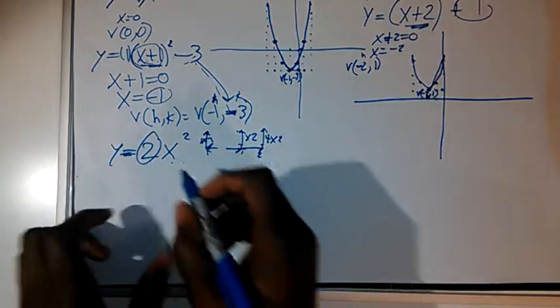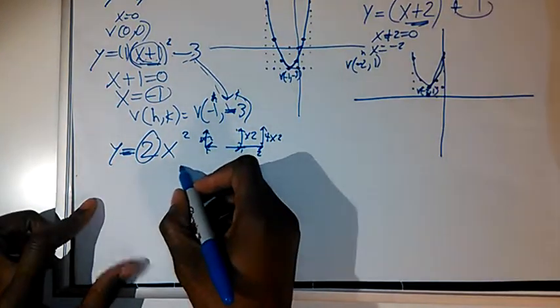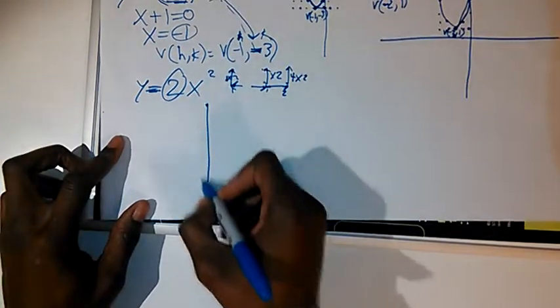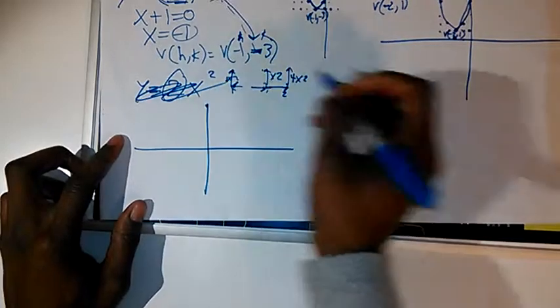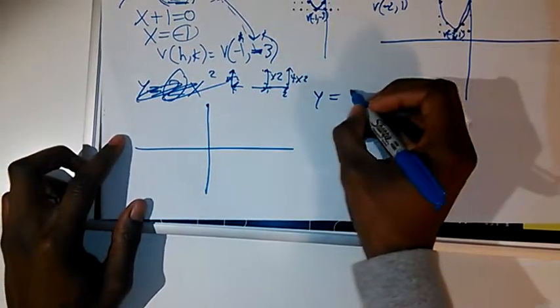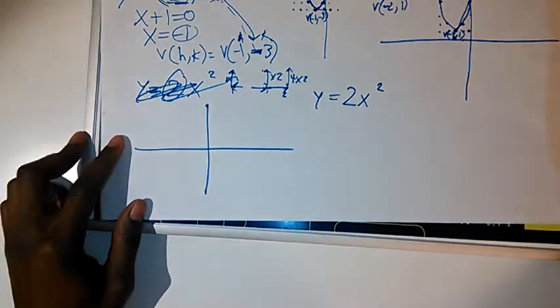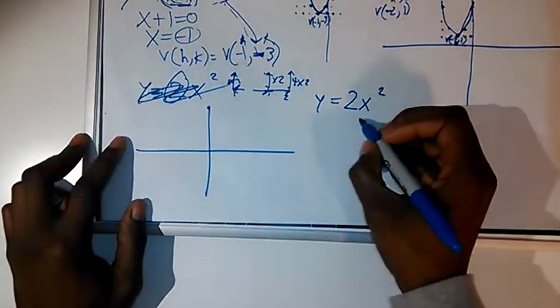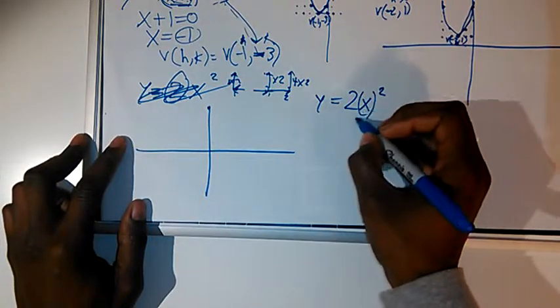So let's try to graph this function. Let's make it small on here. Y equals 2x squared. First thing we're going to do is take out the x, right? Take out the x.